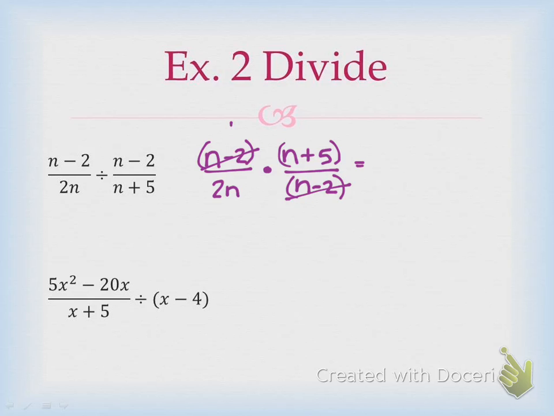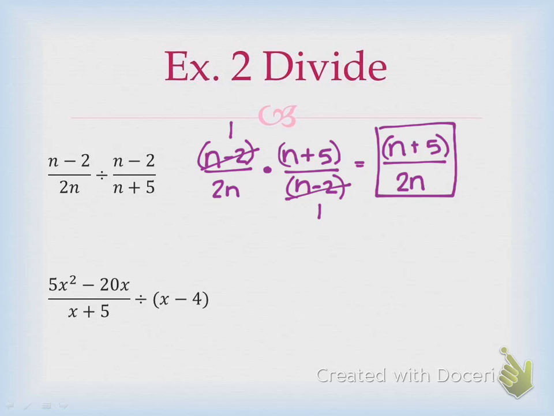So I've got 1 here and 1 here. 1 times n plus 5 is n plus 5 over 2n. Is there anything I can cancel out now? No, because this n plus 5 is off limits. Remember, unless there's another n plus 5, I can't touch it. So this is my final answer.